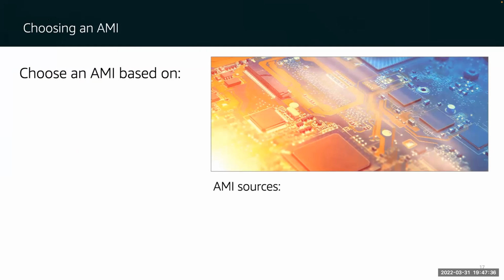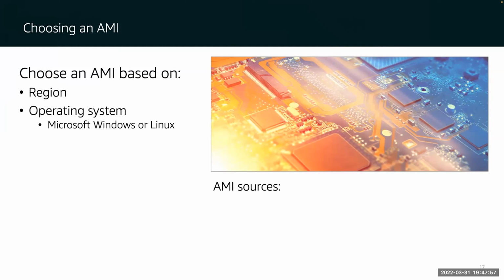When choosing an AMI to launch an instance, your decision should be based on 5 key characteristics. The region: each AMI exists in a specific region, therefore you must select an AMI that is available in that region. Operating system: for an AMI that is provided by AWS, you can choose between Microsoft Windows or multiple variants of the Linux operating system. The storage of the root device, and this is really important.